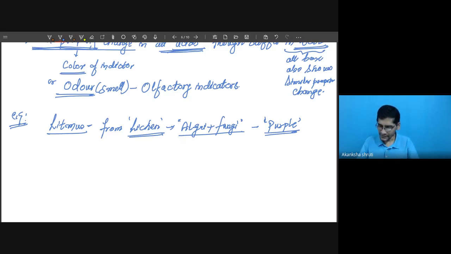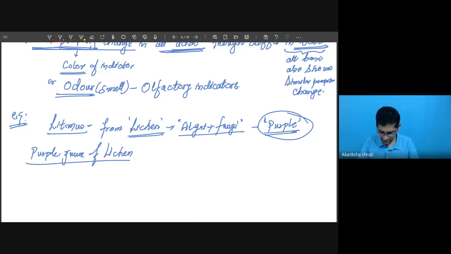Or even if this purple lichen itself is put into acid, this purple juice of lichen, this is the pure litmus compound, not the paper I am taking.